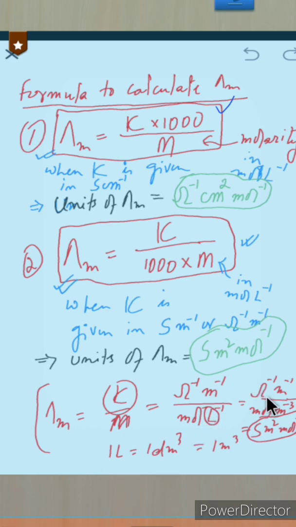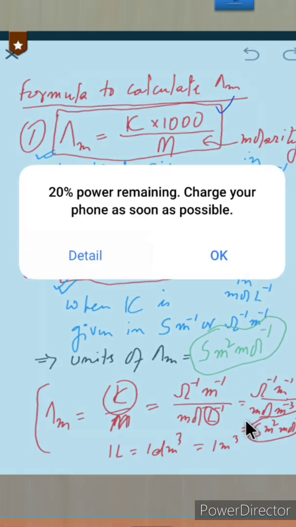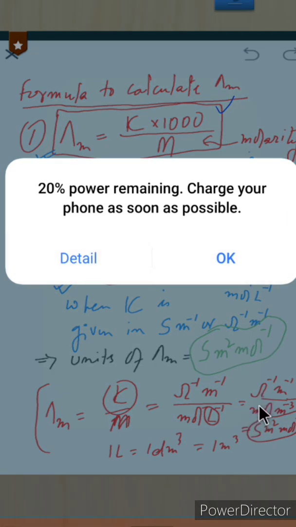Suppose in this case I am converting liter into meter cube, so this per liter will be per meter cube. If we want to convert it into CGS unit, then per liter must be written in per centimeter cube. The conversion factors are not given here.